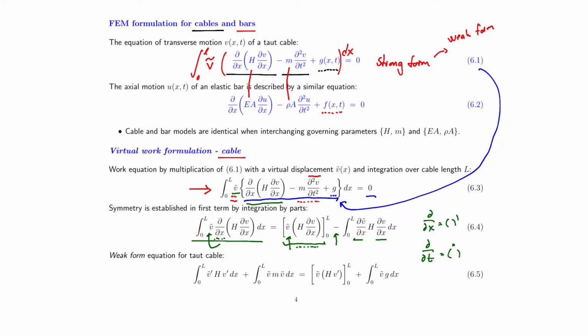And thereby the expression in 6.1 can be written in its final form, where we have collected both loading terms on the right hand side, whereas we maintain our internal forces and our inertia forces on the left hand side. And please note the symmetry in the stiffness term, in this case associated with tensioning of our cable.